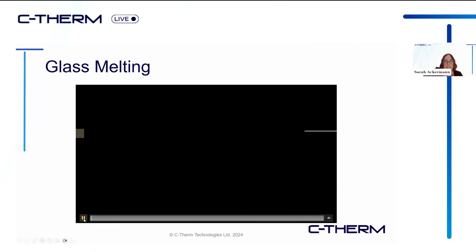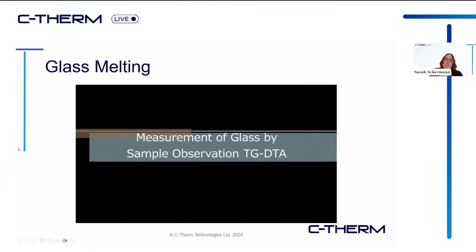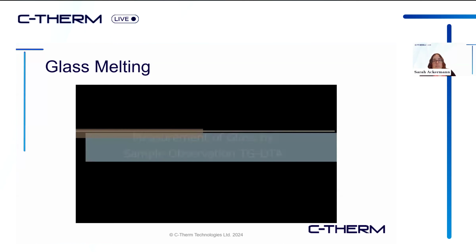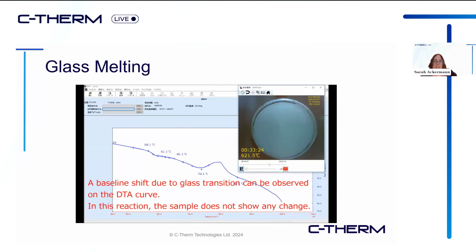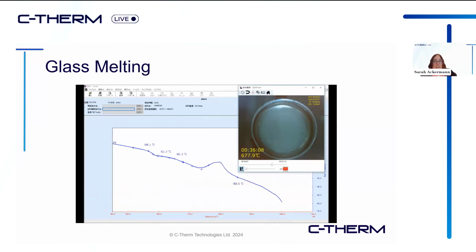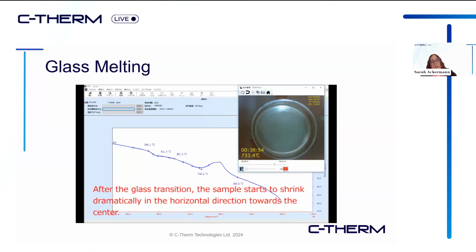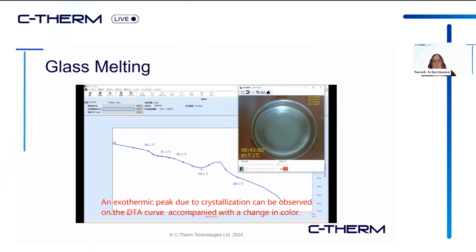So if we're observing glass melting in a video, what we can see as it heats, we can see the TG, and the sample's appearance changes a bit throughout the TG, and the mass does not change during this video. You can also see as it melts, we have this strong contraction in its cross section.